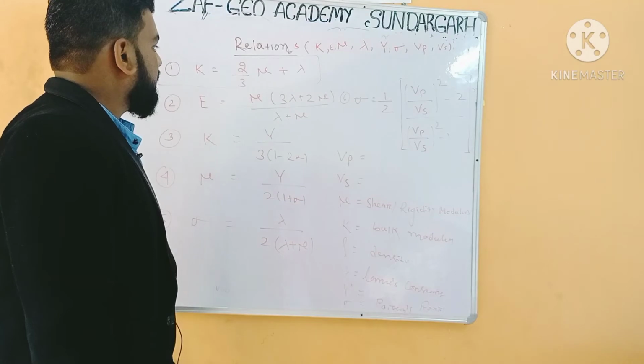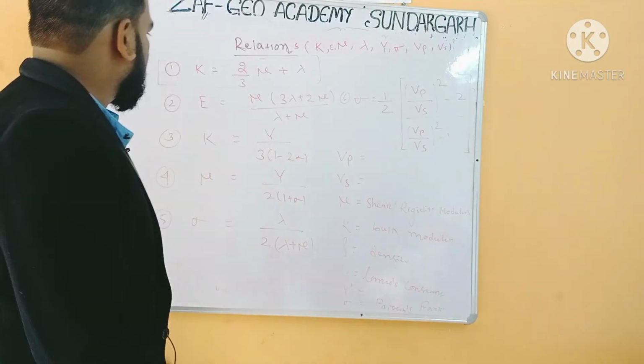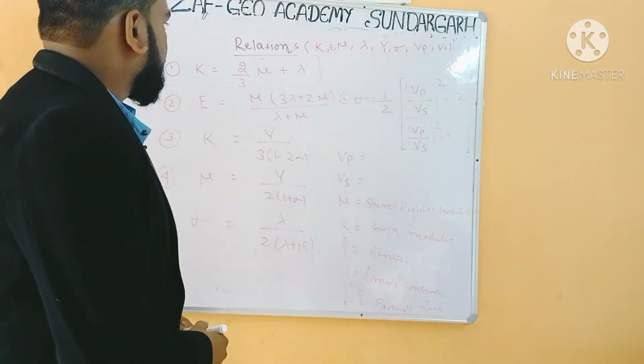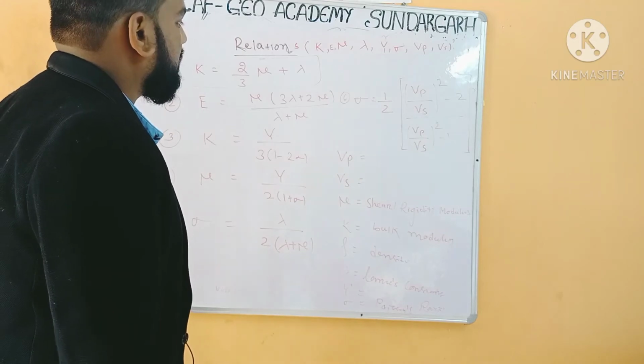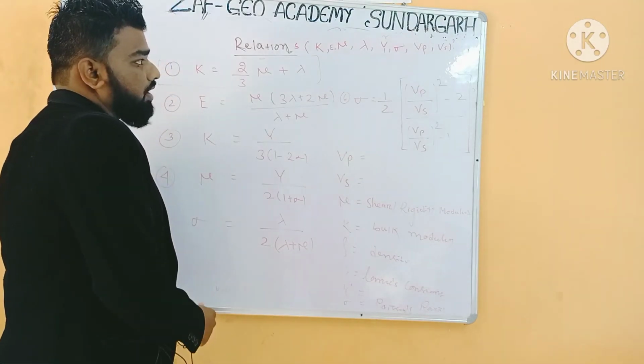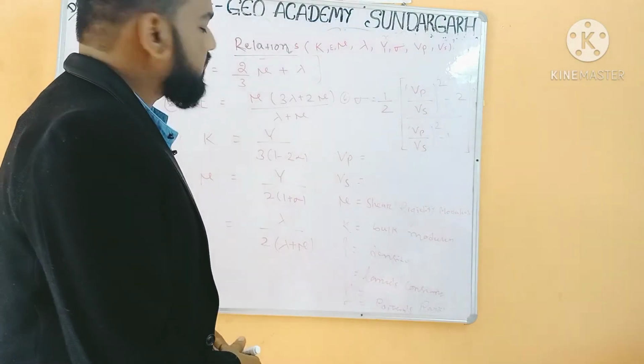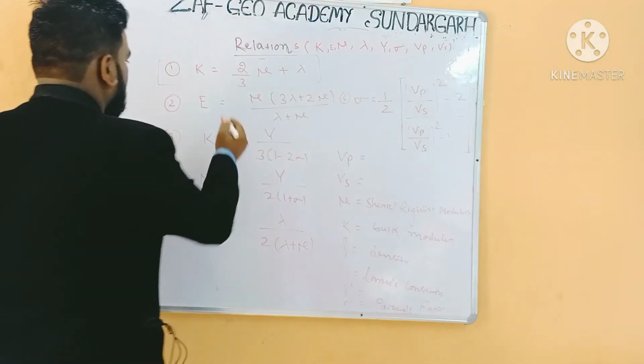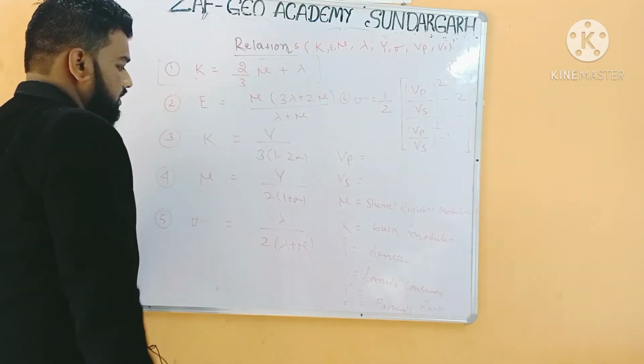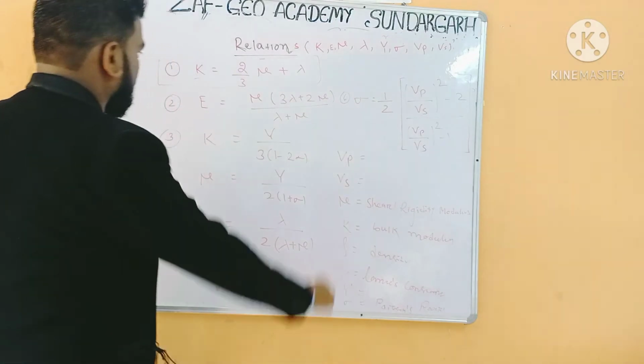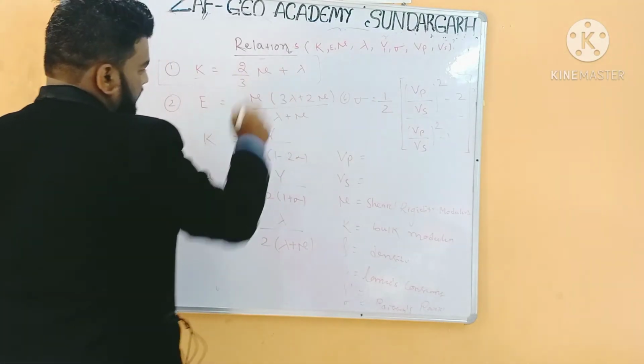So here I have written some relations between k, E, mu, lambda, Y, sigma, velocity of P wave and velocity of S wave. First, k is the bulk modulus, which is equal to 2/3 mu plus lambda.